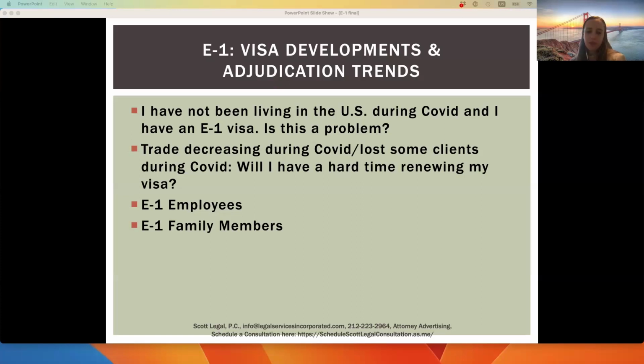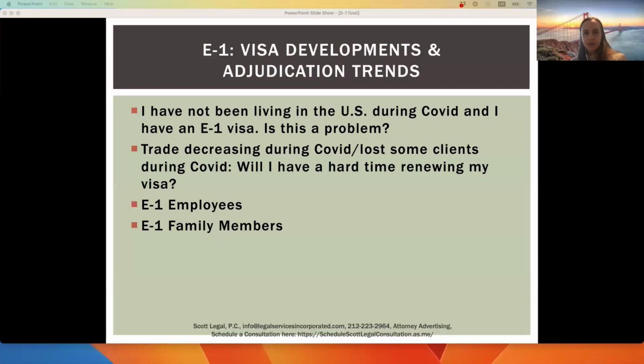This would generally be an employee that has a skill set that is essential to the operations of the US company. And just one thing to keep in mind is that, let's say you are an Italian national and the trade is happening between the US and Italy, that employee would also have to be a national of Italy to qualify for the E-1 employee visa.